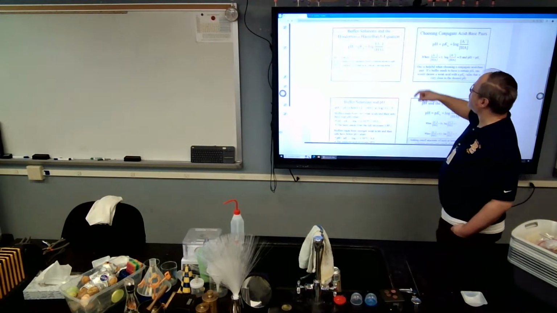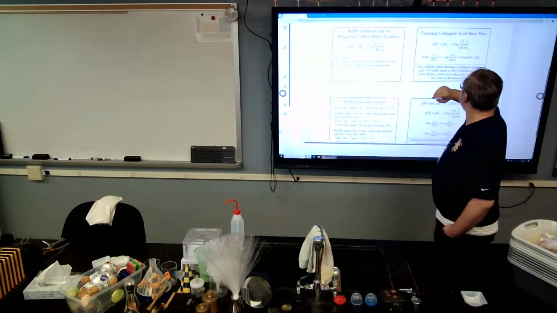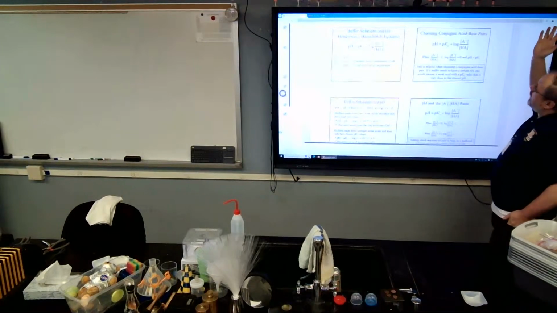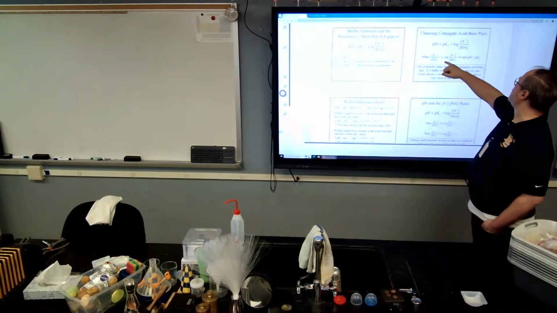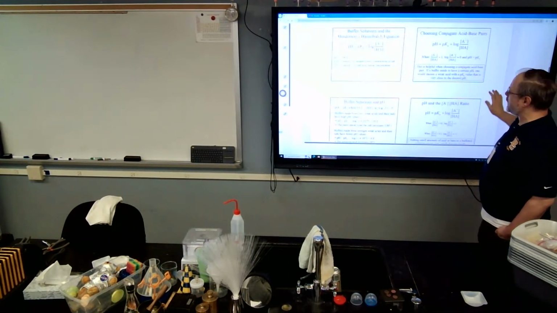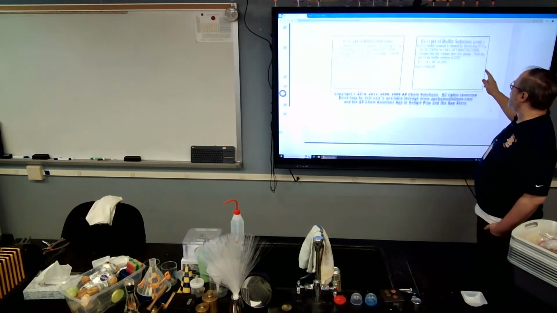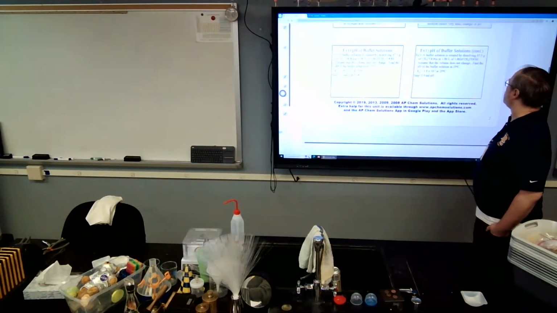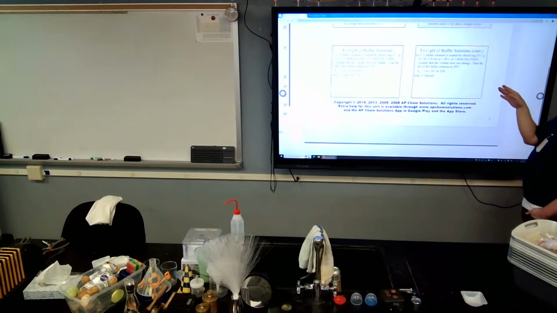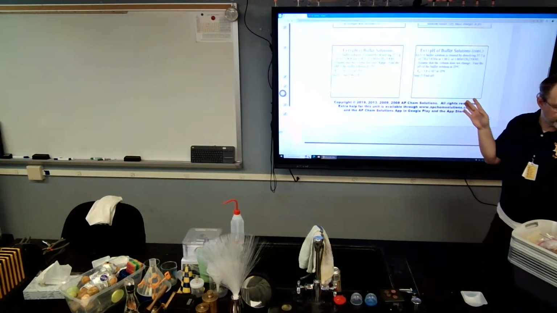So for the OH, obviously, it's BH plus over B. And when they are exactly the same, they're equal, the logarithm of 1 is 0, so the pH equals the pKb, just what you've been doing a million times. So now it's just a matter of plugging the numbers in. Now, this is usually how you're going to encounter a buffer question.